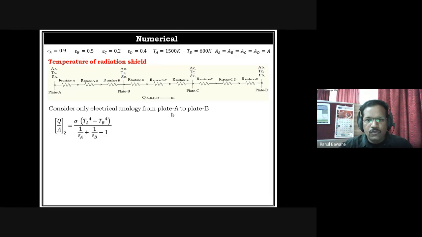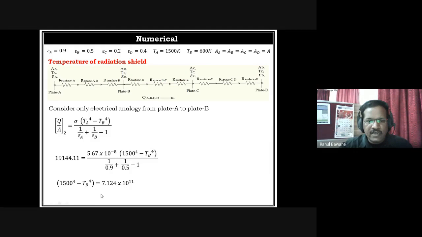So considering only plate A to B, the heat transfer rate Q by A remains the same throughout the system, and Q by A we already calculated. For plate A to B, our equation becomes sigma Ta raised to the power 4 minus Tb raised to the power 4, and the denominator will be 1 upon emissivity A plus 1 upon emissivity B minus 1. Put the value of Q by A from the previous answer; all remaining values are given, only Tb is unknown.